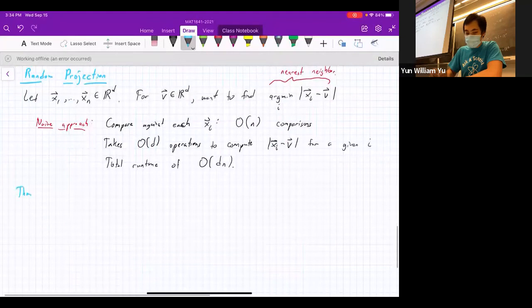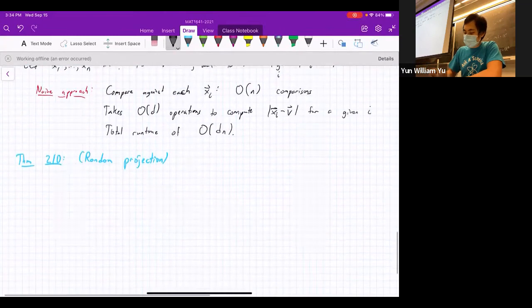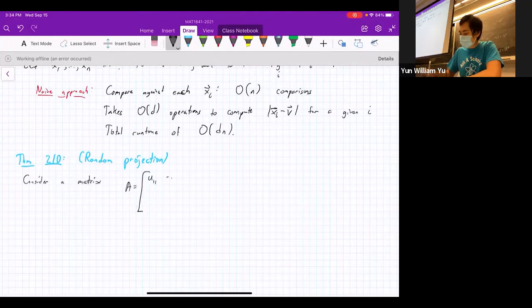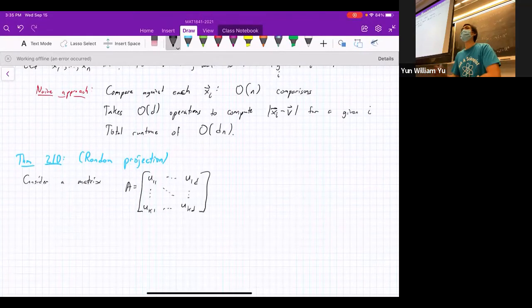And so this is going to be theorem 2.10, the random projection theorem. What are we going to do? We're going to consider a matrix, which I'm going to call A, which is going to be filled with Gaussian random variables. We pick Gaussians because Gaussians are really nice to work with.